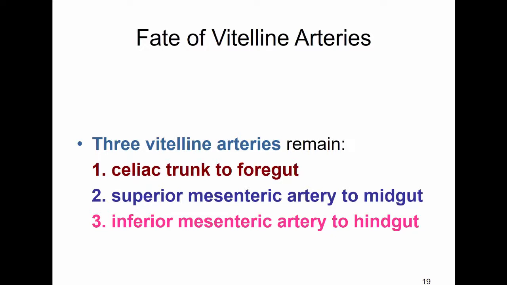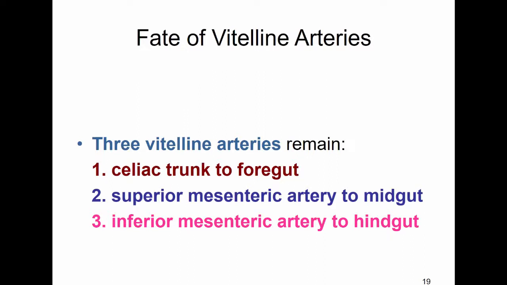Celiac trunk to the foregut, superior mesenteric artery to the midgut, inferior mesenteric artery to the hindgut. This is very important. We will ask you what the ventral branches of the aorta are. The answer should be, from above downwards, celiac trunk, superior mesenteric artery and inferior mesenteric artery. This will be the answer. Then we will ask, from where do they come?